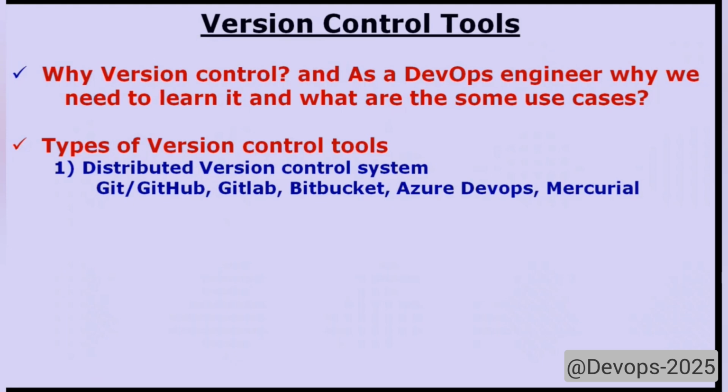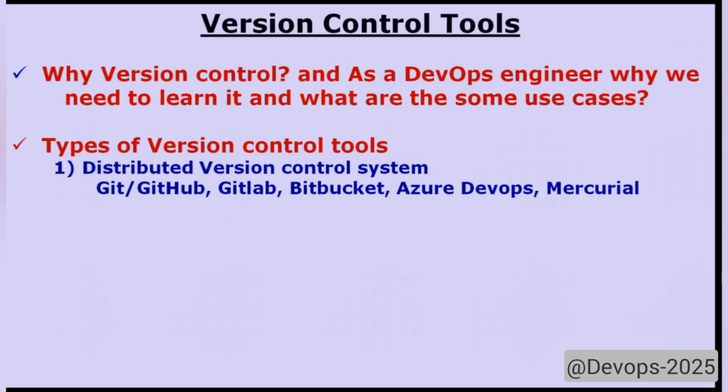And when I say distributed version control system, for example take Git. This was designed for the distributed model, and it is also designed with two parts, that is the client and server model.